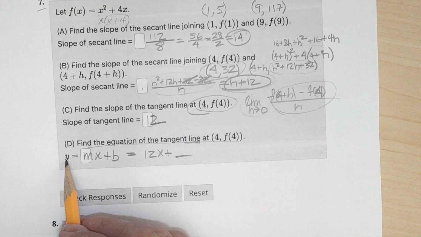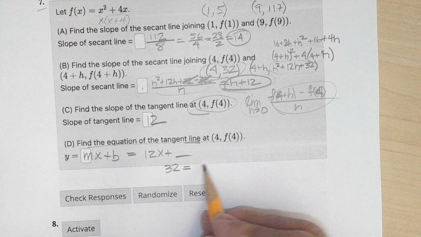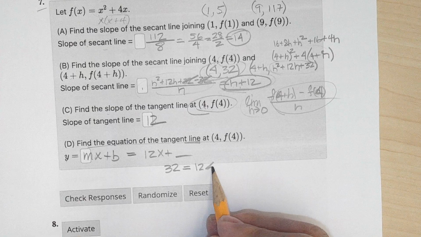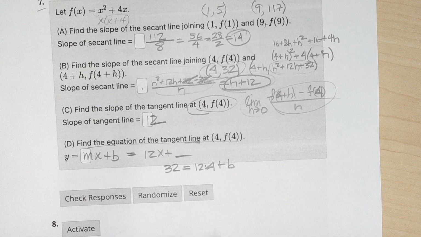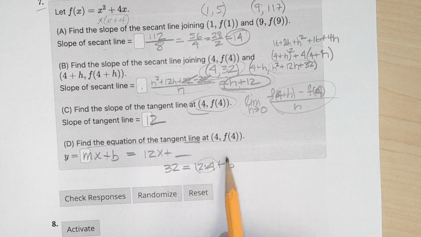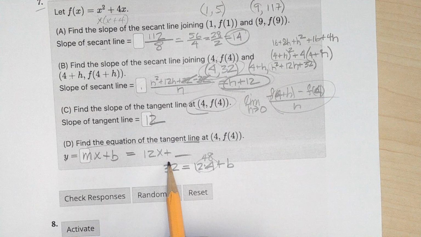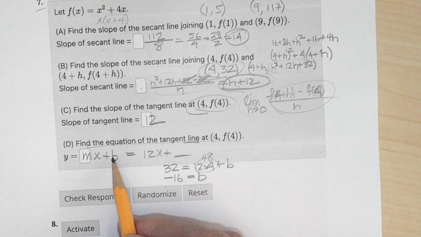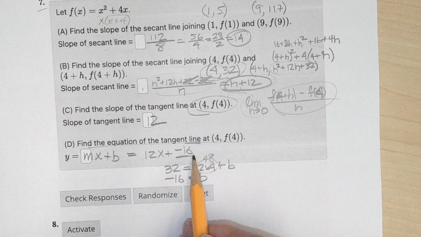So when y is 32 and the slope is 12 and x is 4, there's a y-intercept that makes these equal. Well, 4 times 12 is 48. If I subtract 48 from both sides, I get minus 16 equals b. So I can finish my equation, 12x minus 16.